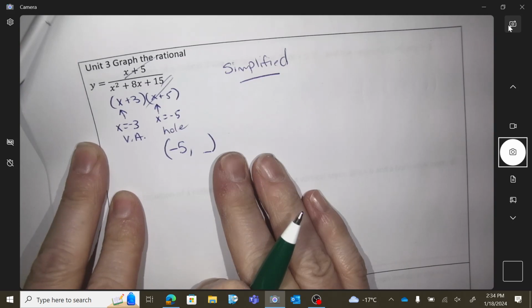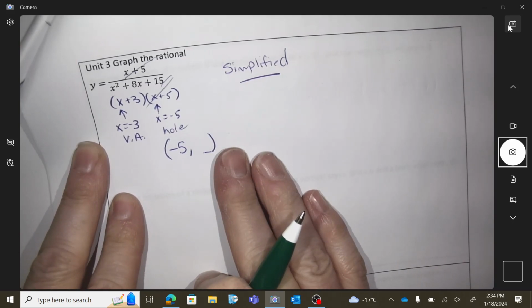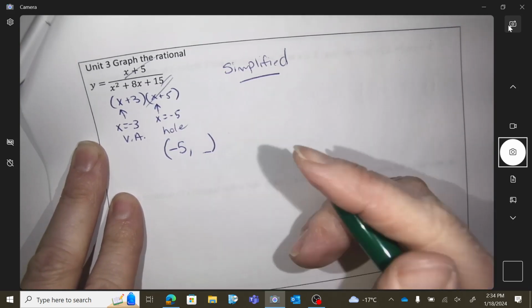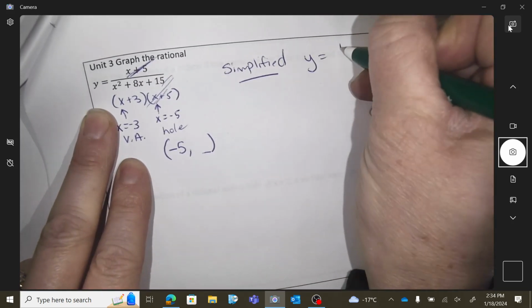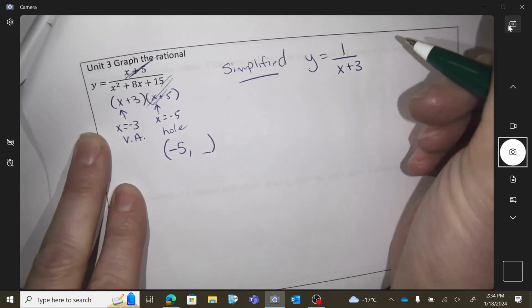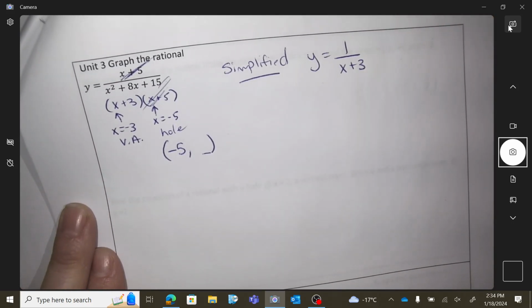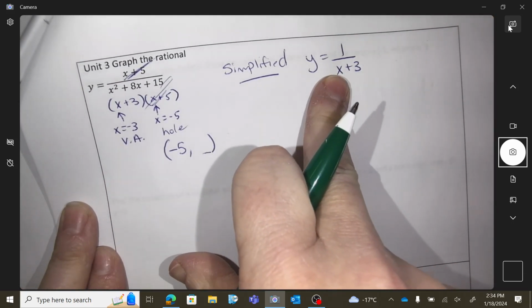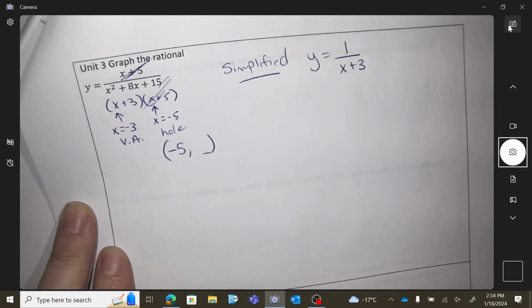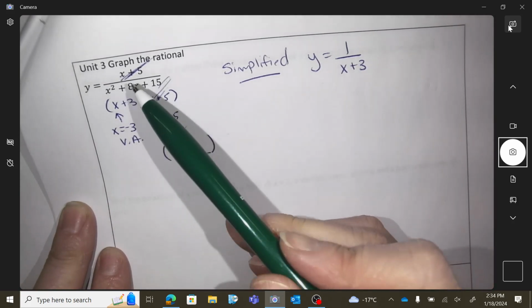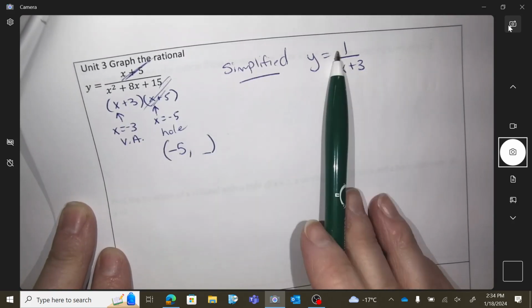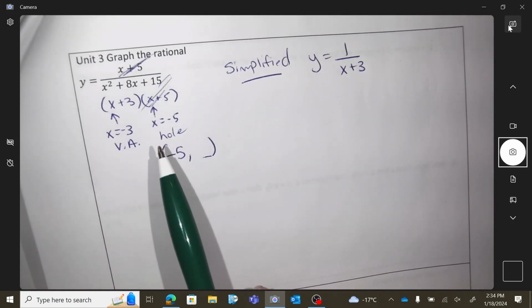Okay, simplified. What are we going to do to simplify it? If this canceled and this canceled, that's the equation simplified. Also, we have to go through the degree analyzing. So what do you think about the degrees? You can look here or here, doesn't matter. Do you have same, more somewhere?